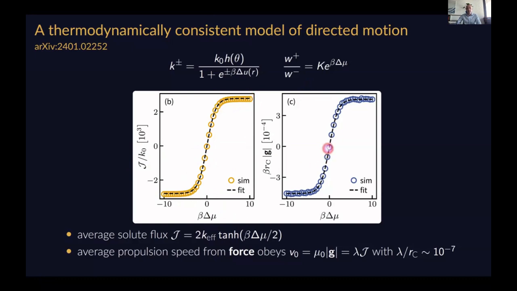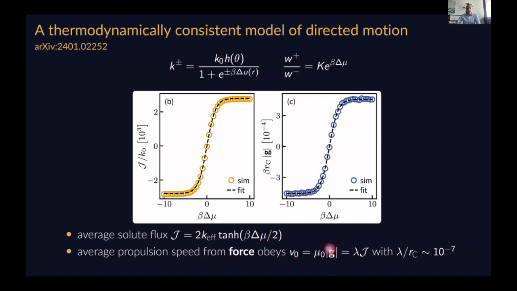You can also measure the force imbalance that these solutes exert on the colloidal particles. So there's also a non-zero force on the particle that you can relate to the propulsion speed.